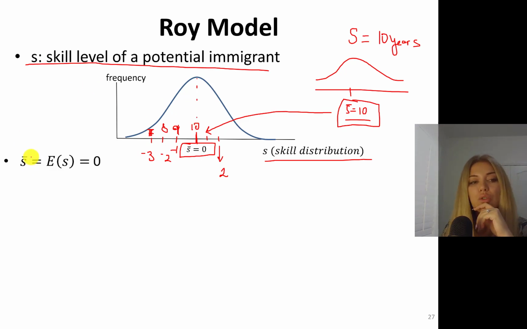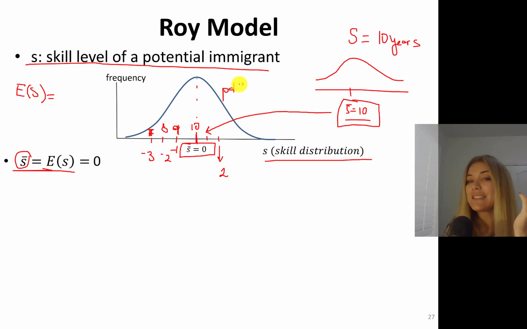So we're going to assume that S bar, which is the expected value of S, is the mean. Expected value of S goes all the way to the probability distribution function. This is a picture of a PDF. These are all statistics information. By now you have studied statistics.